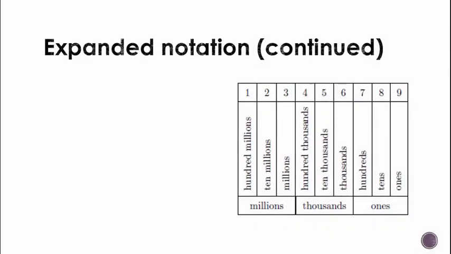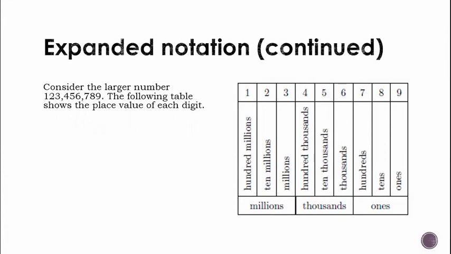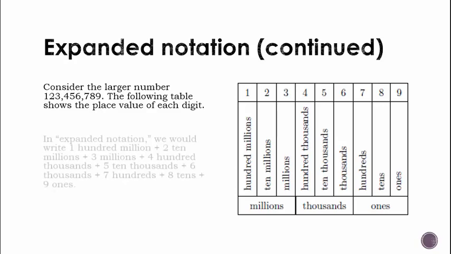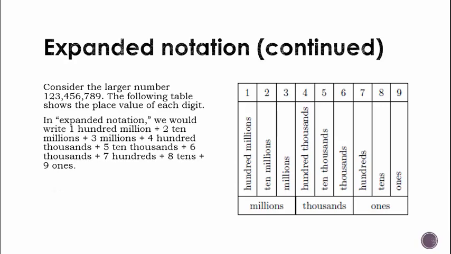So, continued. Consider the larger number 123,456,789. Now the following table shows the place value of each digit. In expanded notation, we would write 100 million plus 2 ten millions plus 3 millions plus 4 hundred thousands plus 5 ten thousands plus 6 thousands plus 7 hundreds plus 8 tens plus 9 ones.